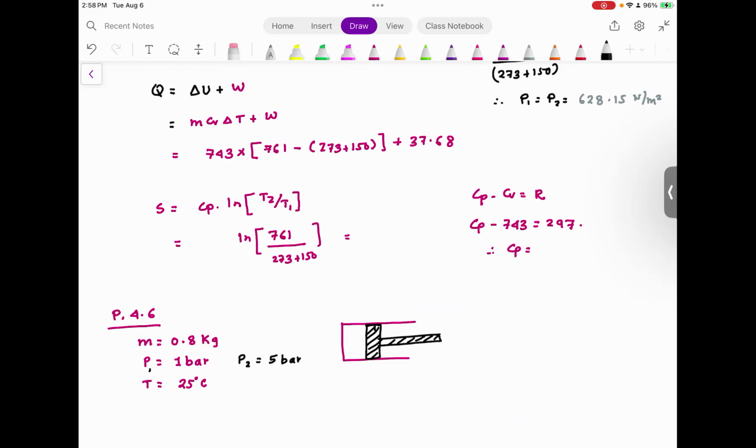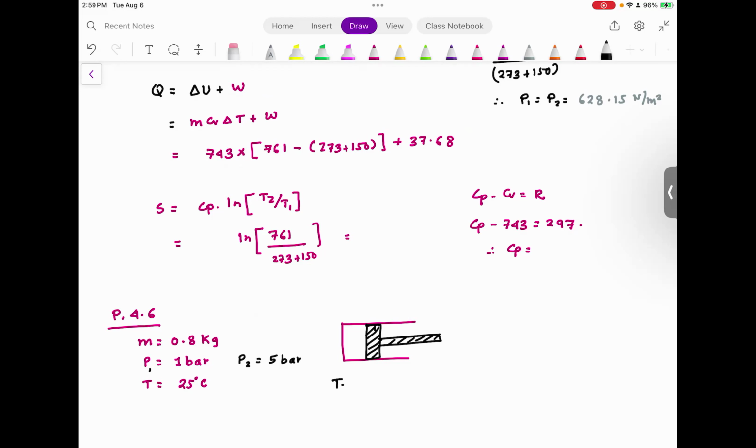And during that process, the heat is transferred from the air so that the temperature inside the cylinder remains constant. Now, I want you to read this sentence very carefully and tell me what type of process is this? Constant temperature.